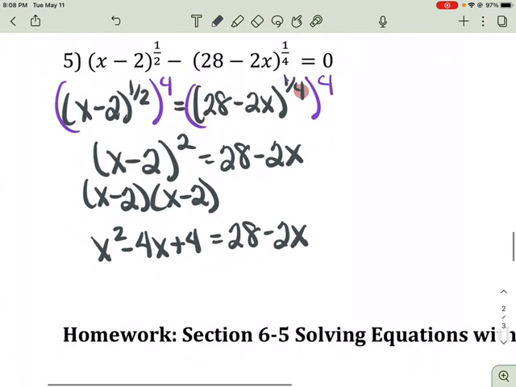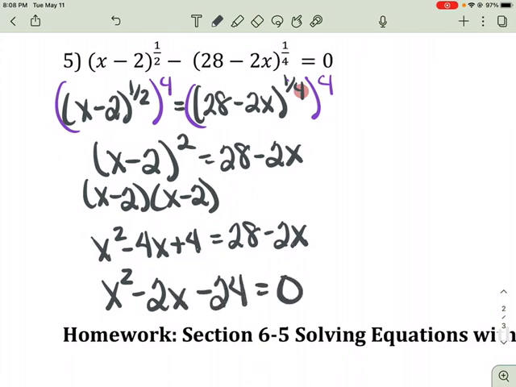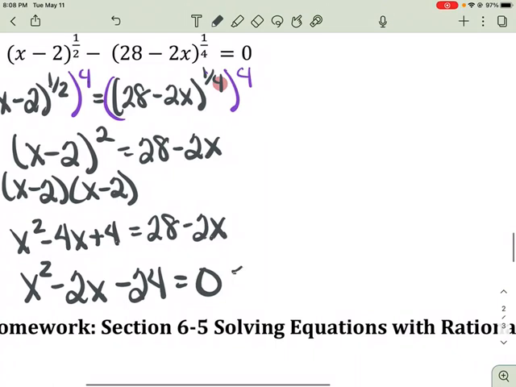Okay, so now we're going to have to get this equal to 0 because it's a quadratic. Solve it.